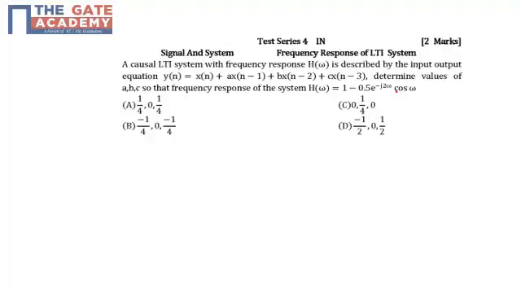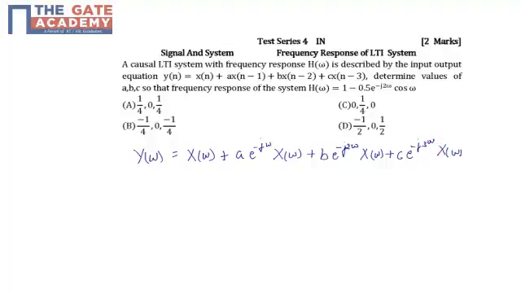So what we have is, from y of n, if we take the Fourier transform, what we get is Y of omega would be equal to X of omega plus a times e raised to minus j omega X of omega plus b times e raised to minus j2 omega X of omega, again plus c times e raised to minus j3 omega X of omega.